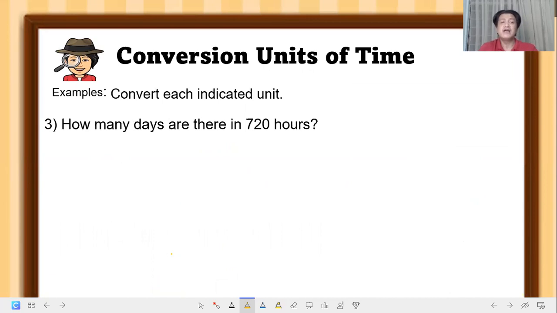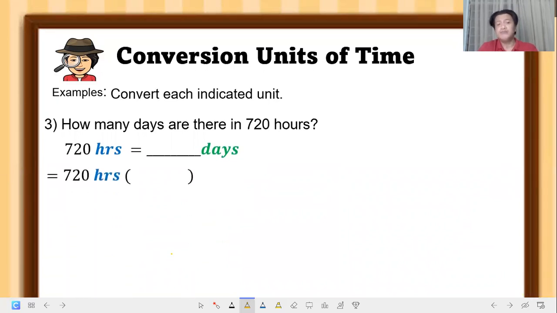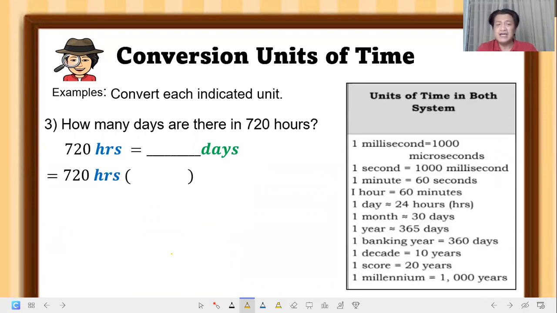Okay, let's have number 3. How many days are there in 720 hours? Okay, so let's rewrite the given first. And then we write it in dimensional analysis. From hours, we will convert to days. So which conversion factor will we use? You need one with hours. That is, 1 day is equal to 24 hours. It can be done directly, just one conversion factor.